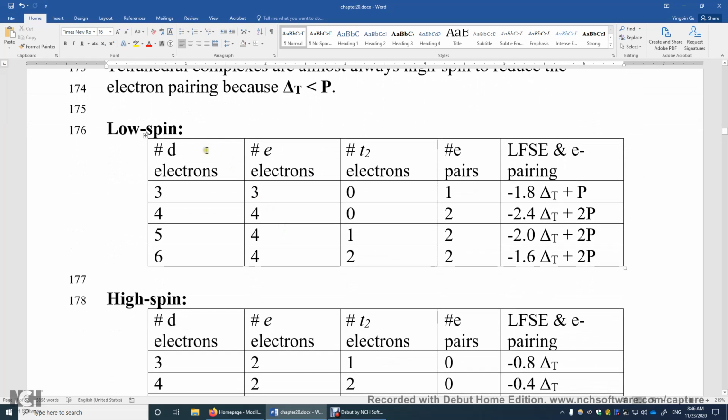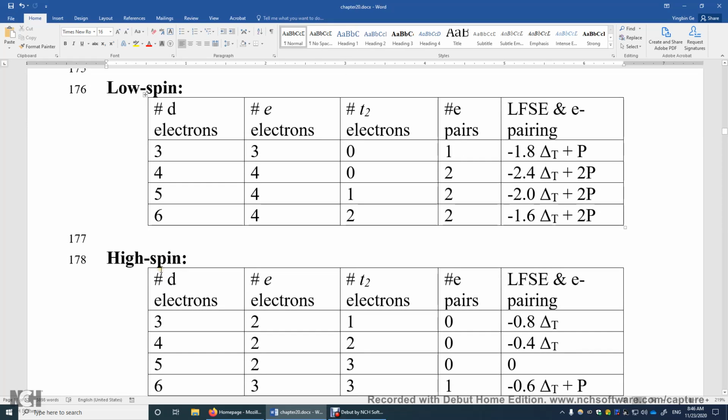Now let's look at the low spin cases and high spin cases in a tetrahedral complex. So low spin case. In a low spin scenario, we try to pair up the electrons in the lower energy E orbitals. So we put the electrons in the dz squared orbital and the dx squared minus y squared orbital first.